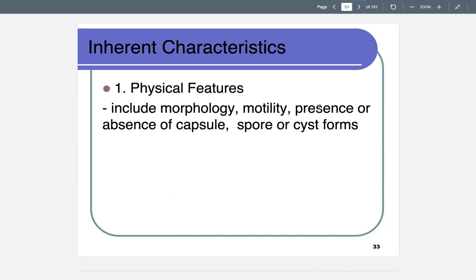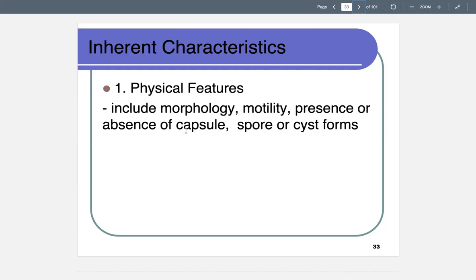Okay? And then also kasama sa physical features ng mga organisms, the presence or absence of a capsule. At class may mga capsulated na bacteria, kaya inaalam yung presence or absence ng capsule ng isang organism kasi para malaman kung ano yung maaaring ibigay or i-prescribe na antibiotics ng mga physician.